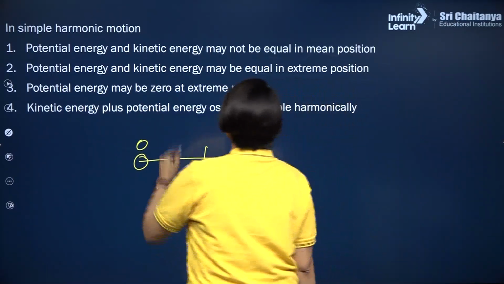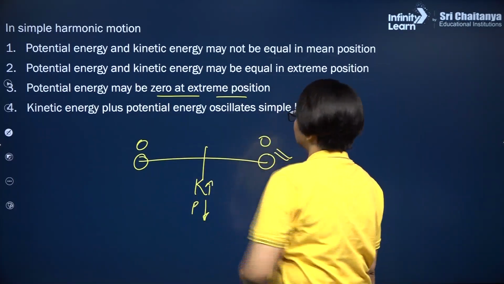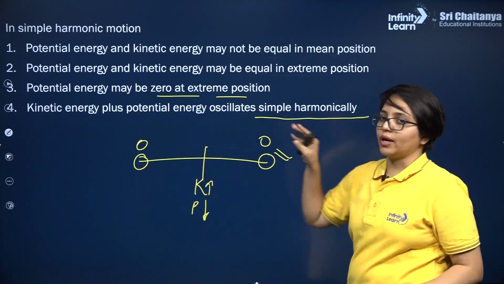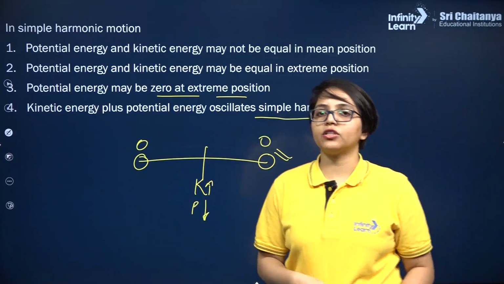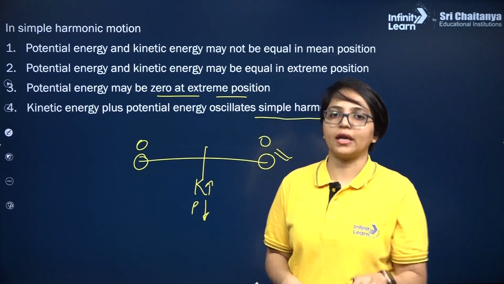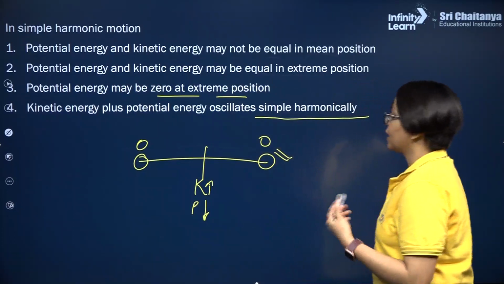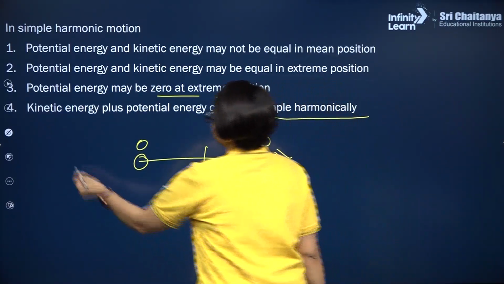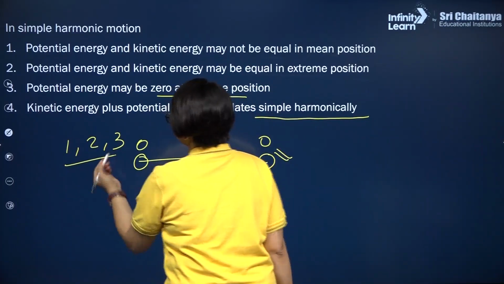Potential energy may be 0 at extreme position. Yes, that is also true. Kinetic energy plus potential energy oscillates simple harmonically. No, in SHM kinetic energy plus potential remains constant, half k a square. So, it does not oscillate simple harmonically, its value is constant. So, correct answer is 1, 2 and 3.